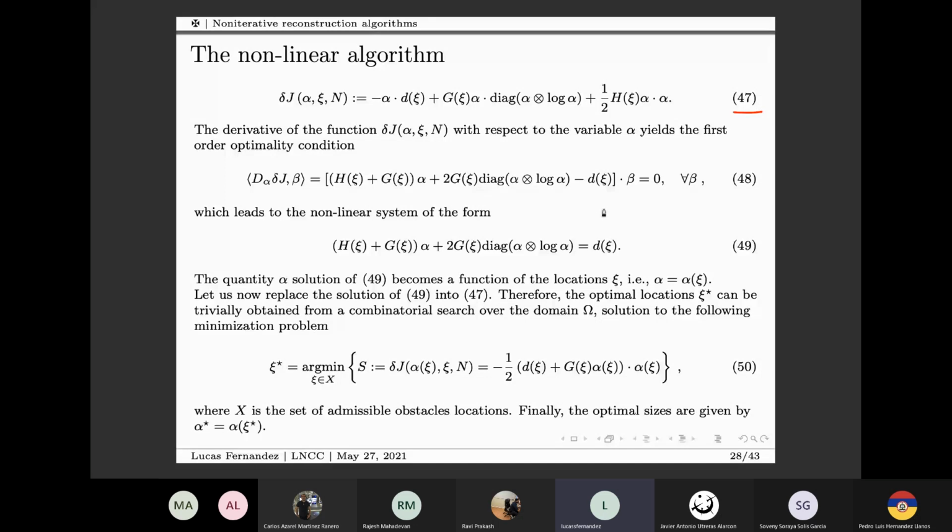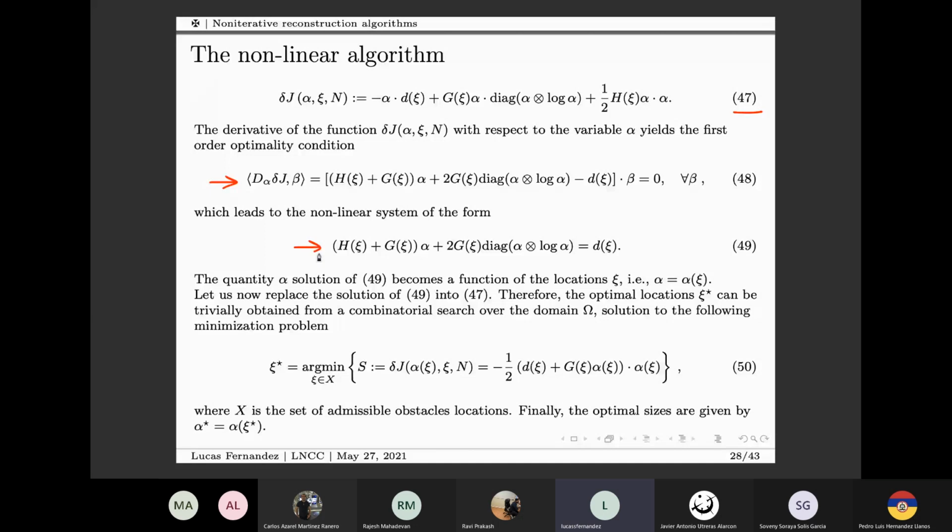Then we proceed by differentiating expression 47 with respect to alpha and making the resulting expression equal to 0, which leads us to the nonlinear system given by expression 49.